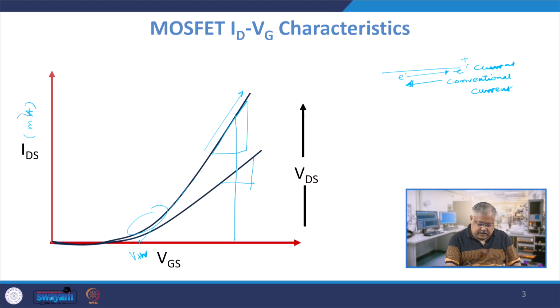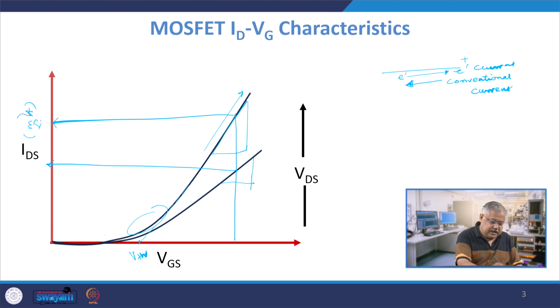The last point is, for a larger value of VDS, since the slope increases, it primarily means that the resistance falls, which means that for the same amount of voltage I get a larger amount of current, which you can see from here. If I draw a line like this, this is IDS1 and this is IDS2. Obviously, IDS2 is larger than IDS1 for the same amount of VDS.